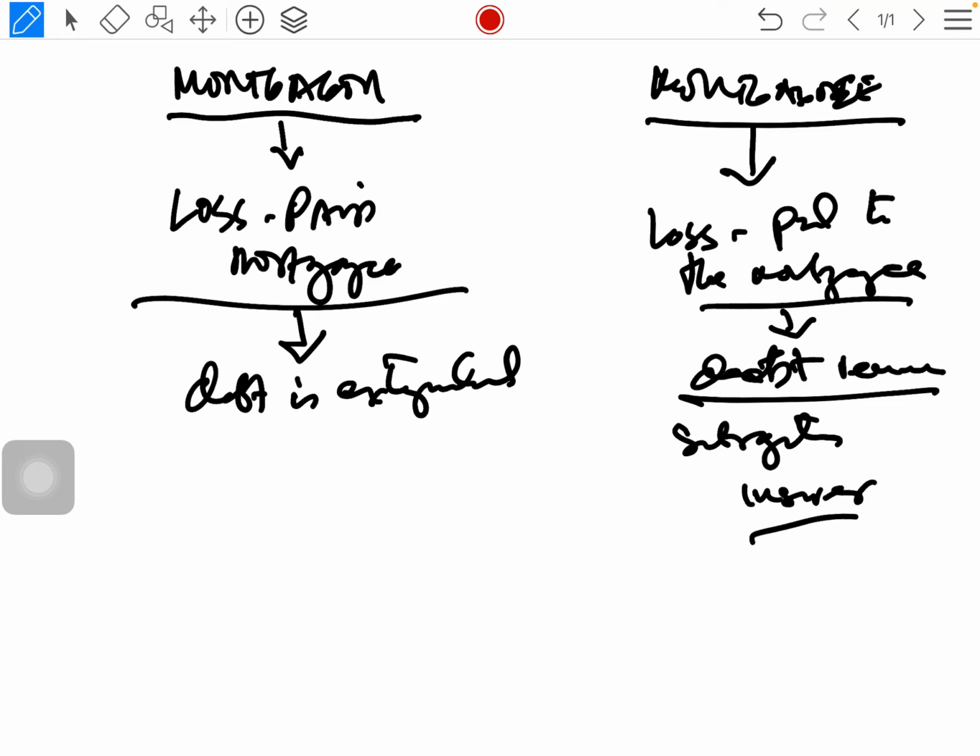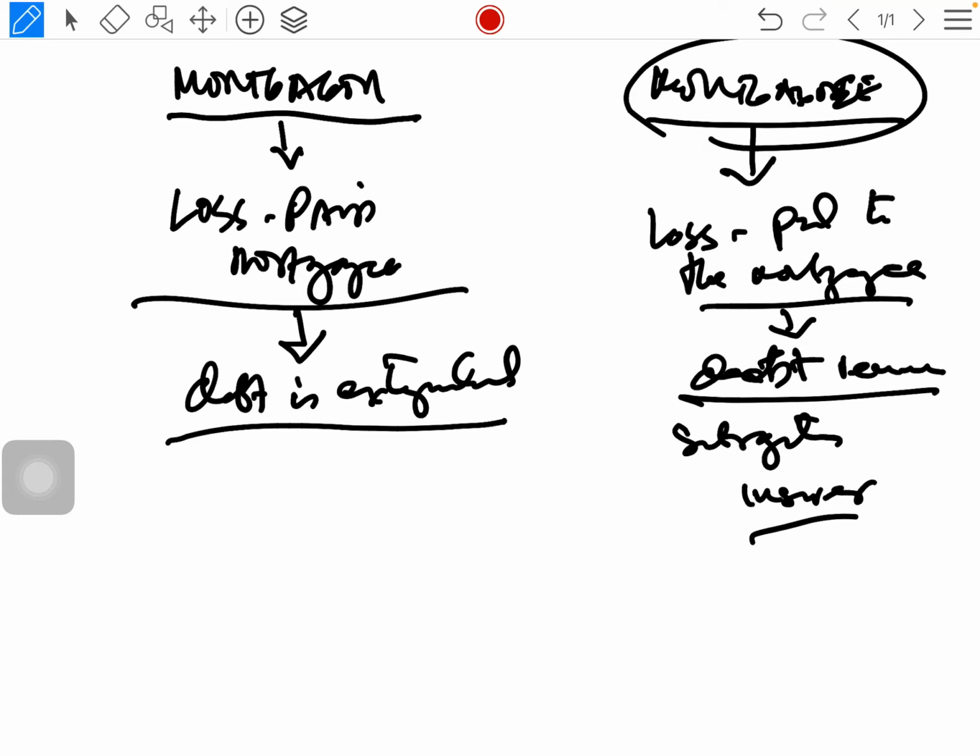So insofar as what happens to the proceeds and what happens to the debt of the mortgagor, you have to remember that loss is paid to the mortgagee, whether it is the mortgagor or the mortgagee who procured the insurance. But if the mortgagor procured the insurance, the debt is extinguished.